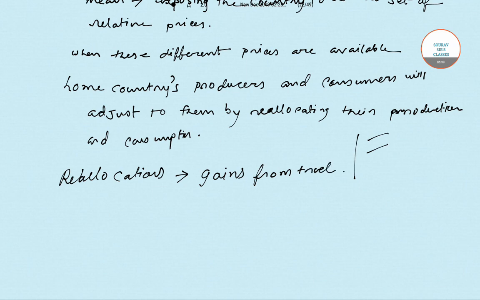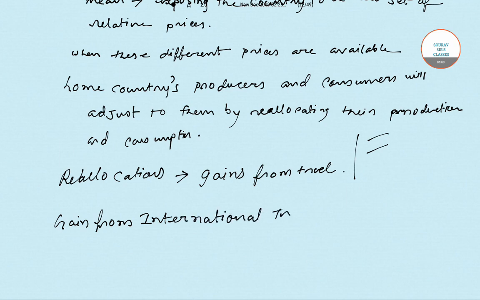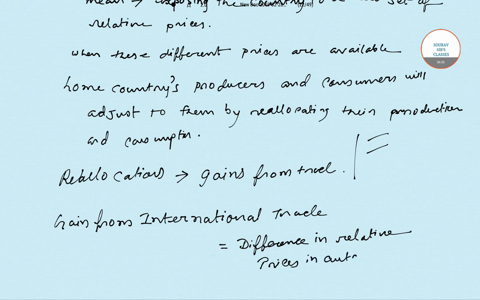So the ultimate source of gain from international trade is the difference in relative prices in autarky between countries. So we know basically the gain from international trade is the difference in relative prices in autarky between countries.